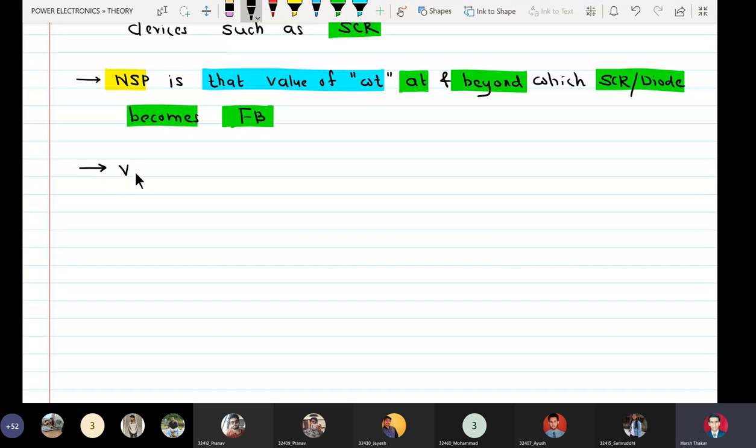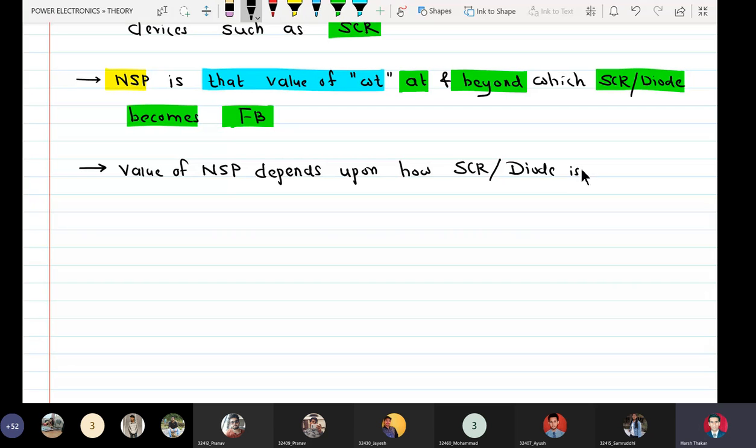So we can say that the value of natural switching point depends upon how the SCR or diode is connected with respect to the mains supply.